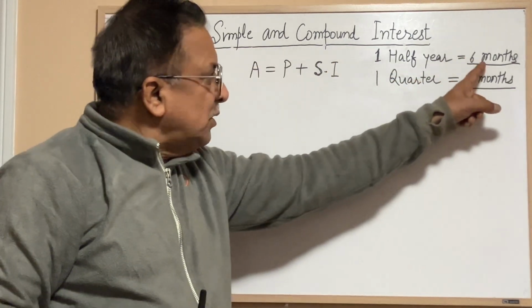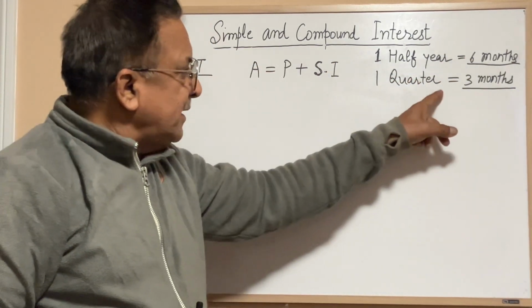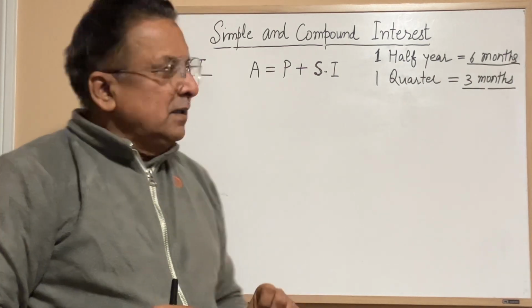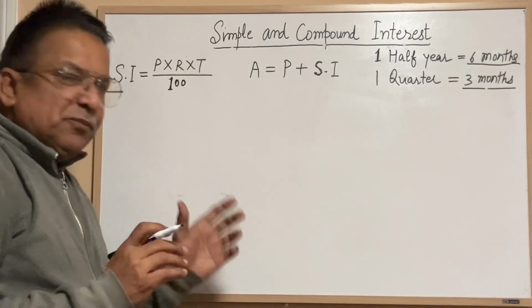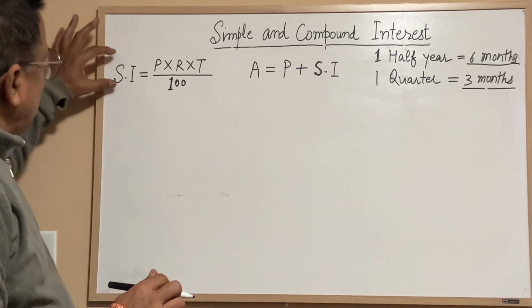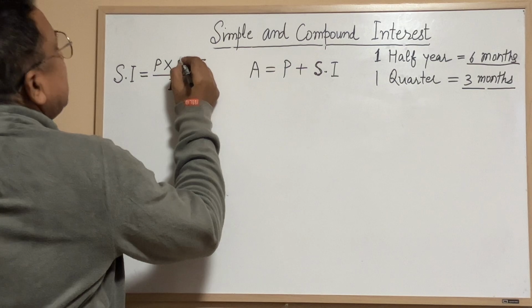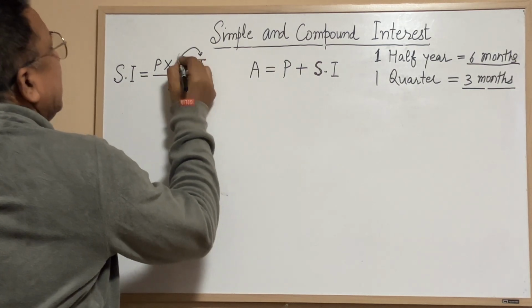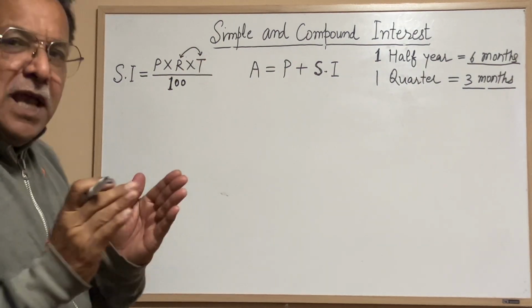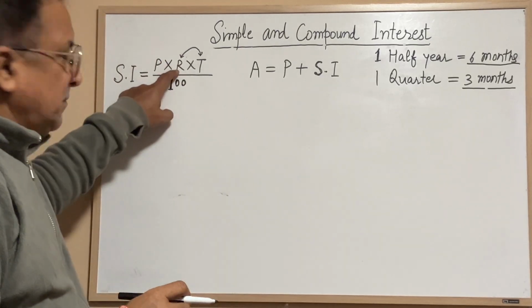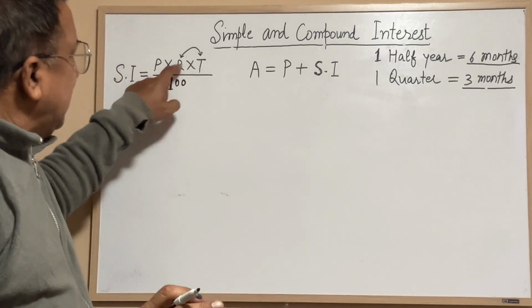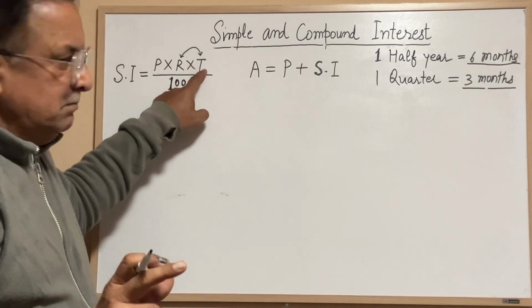1 half year equal to 6 months. 1 quarter is equal to 3 months. Now, keep one thing in your mind. When you calculate simple interest, always take R and T in the same pattern. If rate is per annum, then time should be in years.